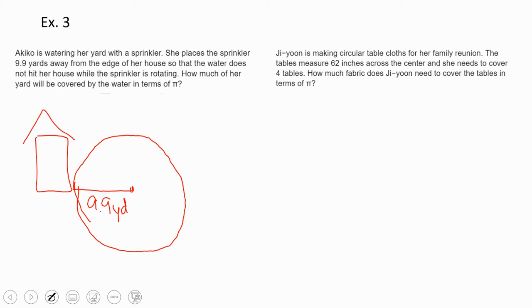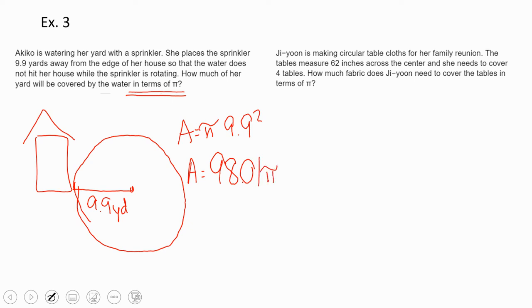They gave us the radius, so we can go ahead and put that in. Area is pi r squared, so pi, the radius is 9.9 squared. Now they want it in terms of pi. That means you're going to leave pi in the answer. So you'll take your calculator and do 9.9 times 9.9, and you're going to get 98.01 pi yards squared.